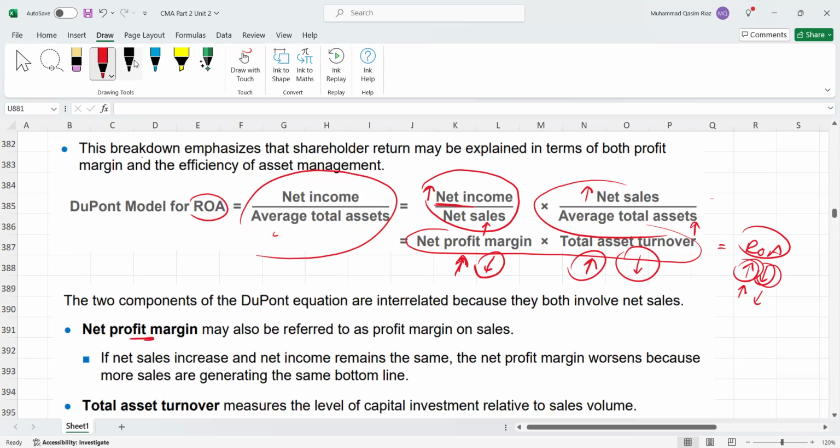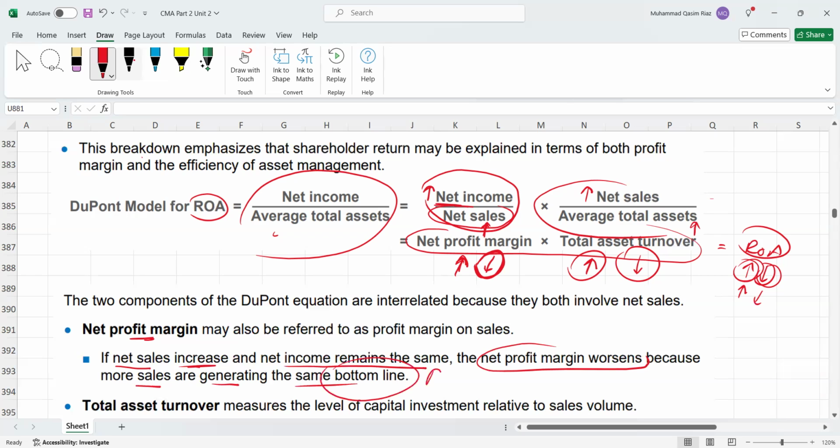So for the net profit margin, what are they telling you? They are saying if net sales increase, because net sales is the denominator in the formula, net profit margin will decrease. This is what they're saying: if net sales increase and net income remains the same, the net profit margin worsens because more sales are generating the same bottom line.